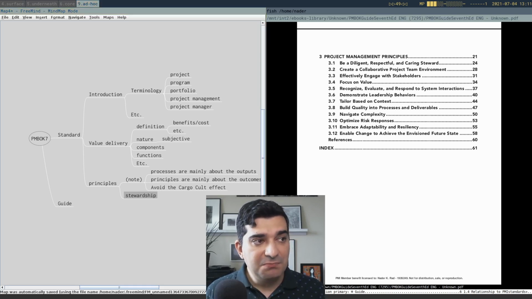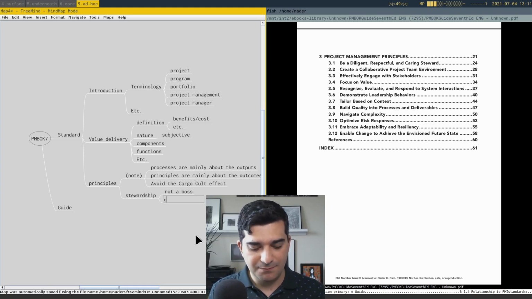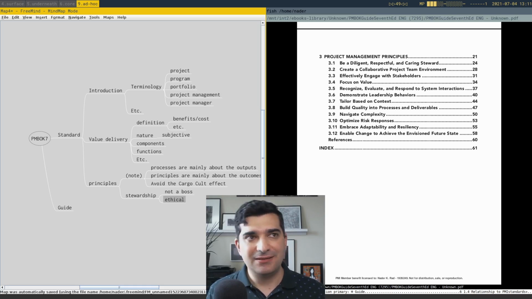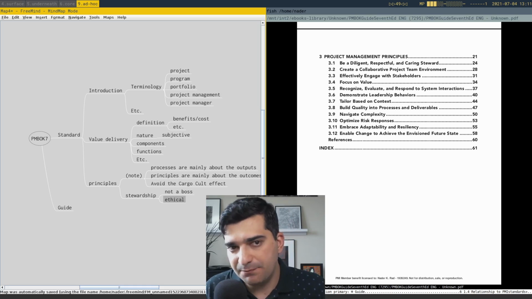And besides everything else, you also need to think about the ethical aspects. Not a boss, be ethical. And some people have the idea that the project manager is the highest role. They are there to tell people what to do, basically.